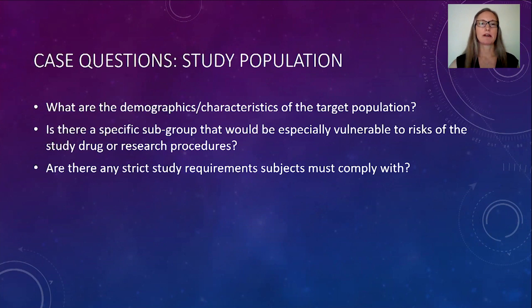We should also think about any study requirements that study participants must be able to meet. For this study, thinking about the potential concern for liver effects of the study drug, we may want to require that study participants refrain from alcohol use during and for a period of time after study drug administration. So we could write an inclusion criterion to address this.